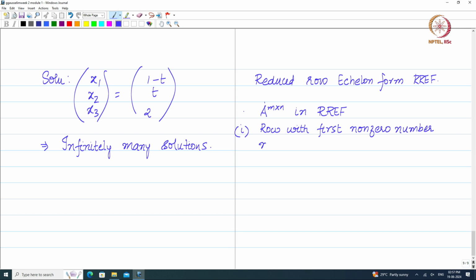This is called a leading one. Second property, rows that consist entirely of zeros, if any, must be grouped together at the bottom of the matrix.